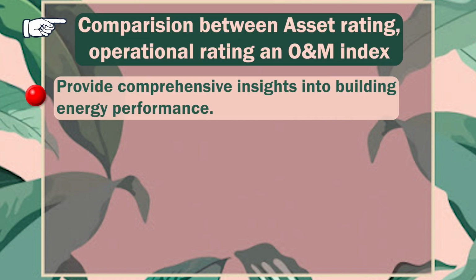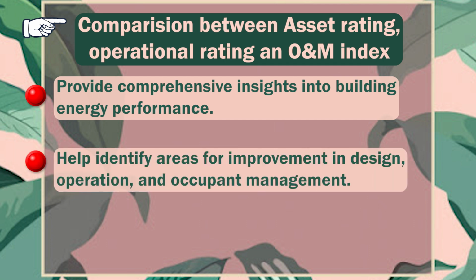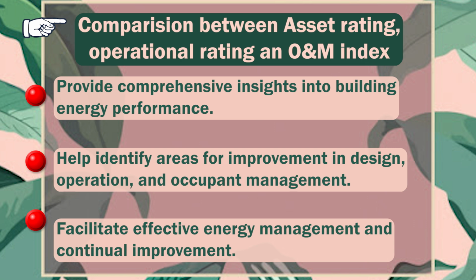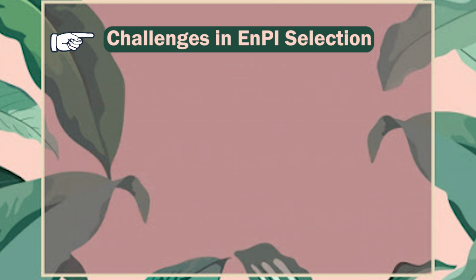EnPIs offer a comprehensive view of energy performance, helping to identify opportunities for improvement across different dimensions. They facilitate effective energy management by providing actionable insights into design, operation and occupant behavior, supporting continuous performance enhancement.